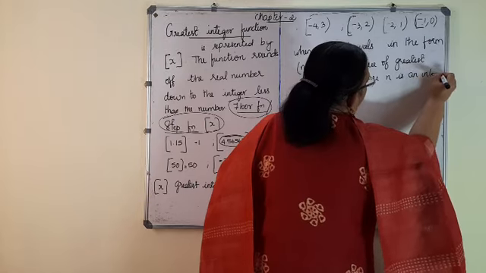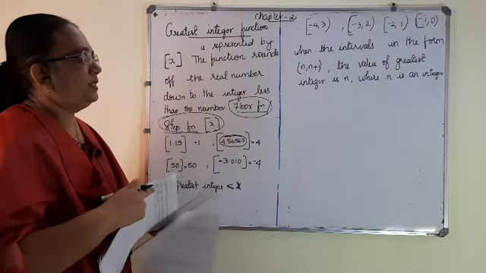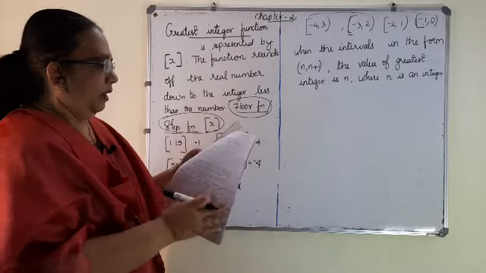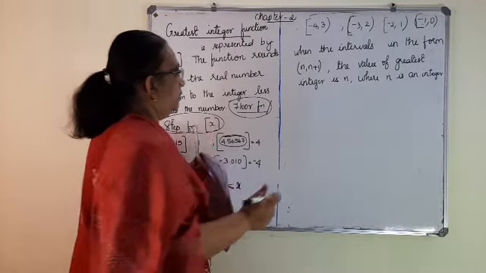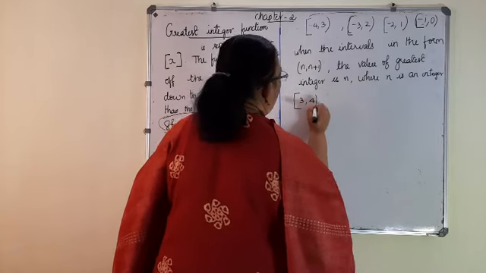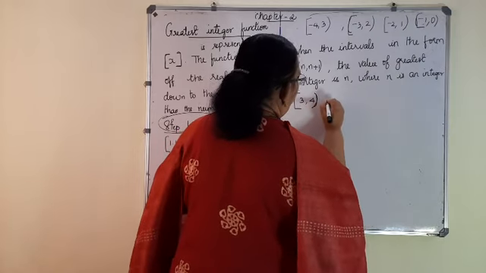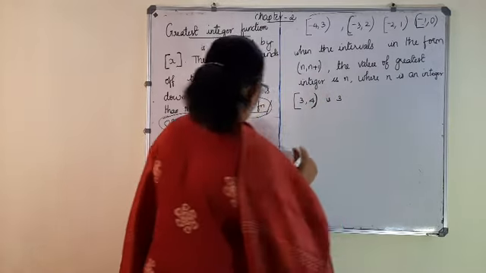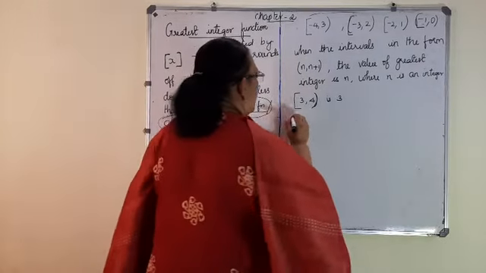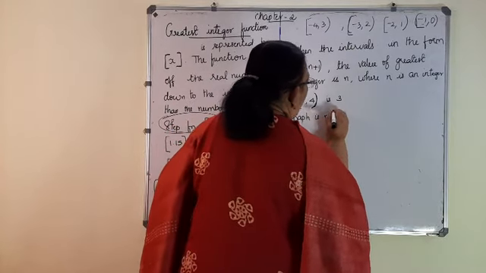It will be piecewise. Suppose the interval is 3, 4; the greatest integer function in the interval 3, 4 is equal to 3. The graph is not continuous.